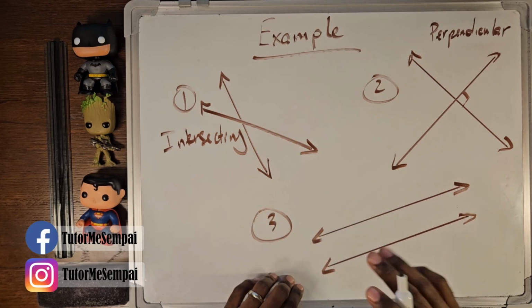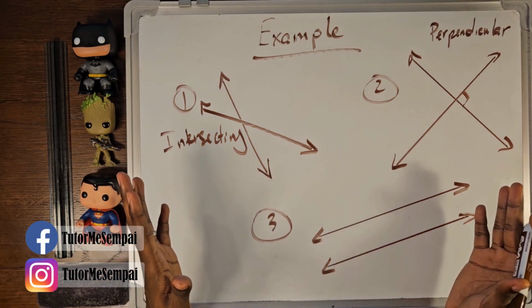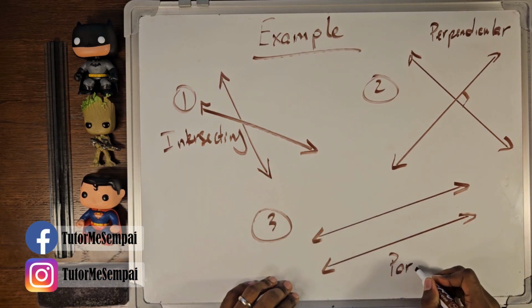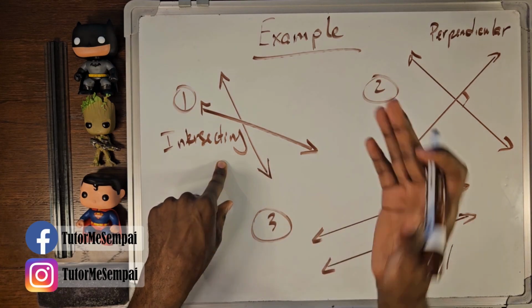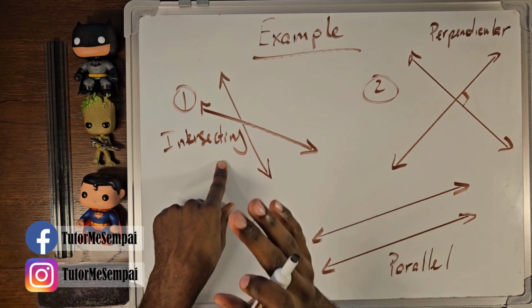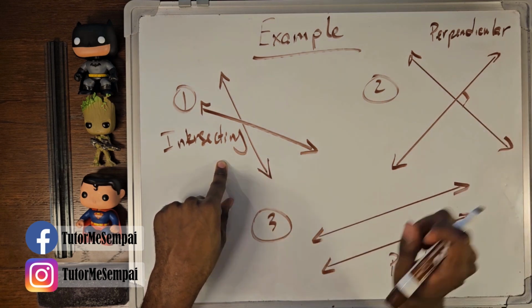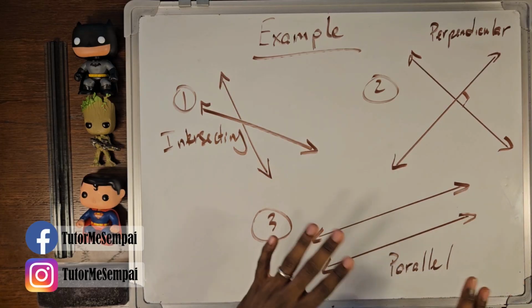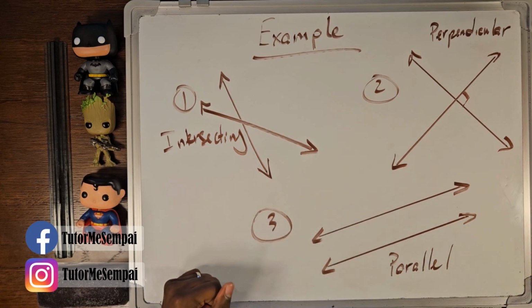Meaning that these are not intersecting, and because they're not intersecting, they cannot be perpendicular, meaning that they have to be parallel. So as long as they touch or will touch, you have intersecting. If they do touch or will touch and you're getting that 90-degree angle, you have perpendicular. But if they're never ever touching, you're going to have parallel.